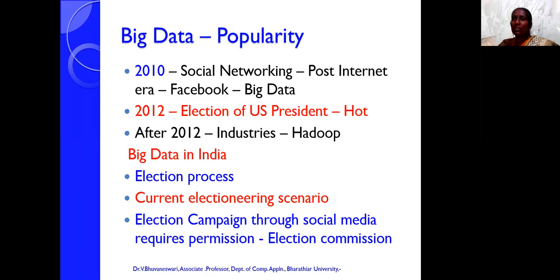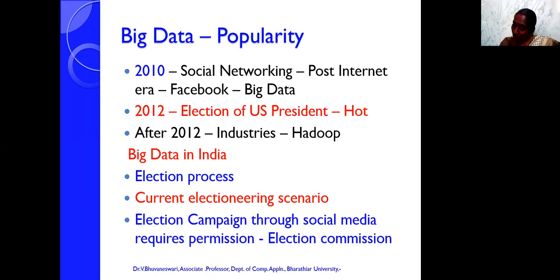And the next question comes in: does it happen only in the US? No, it also happened in India. When we look at the recent election or the previous election, electioneering has become an IT campaign. No more public speaking alone. Everybody is thrown their policies and whatever they want to do with people, and everything is pushed through WhatsApp.